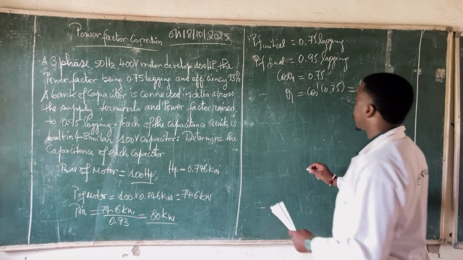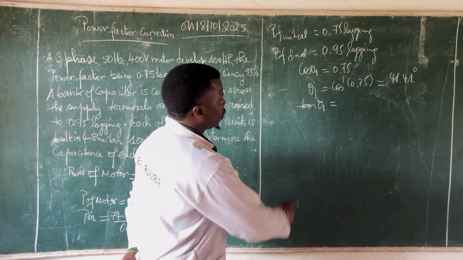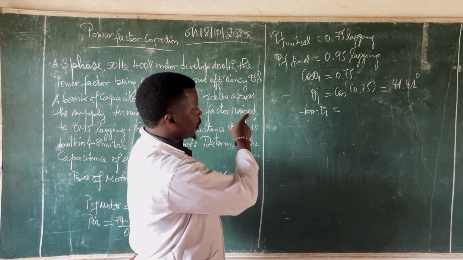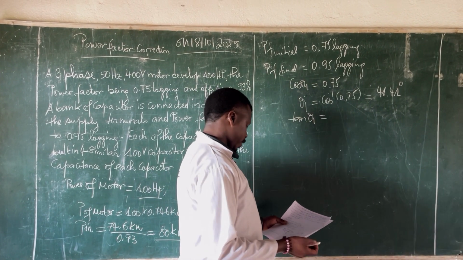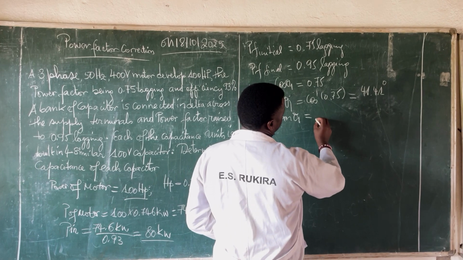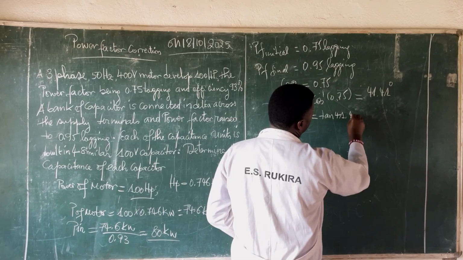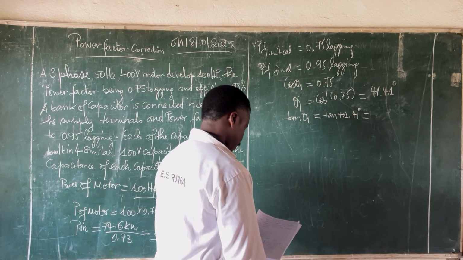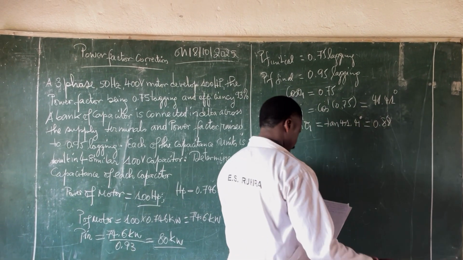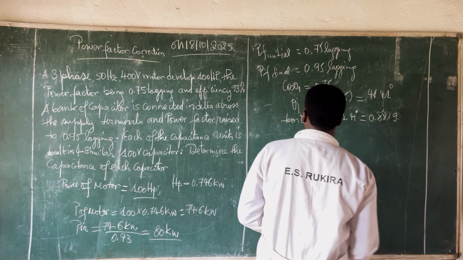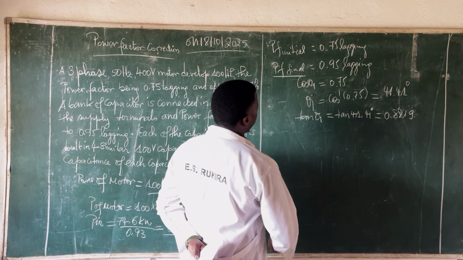For this, let's find tan theta 1, which will help us relate the active power to the reactive power. It is tan of 41 degrees, which is 0.8819.